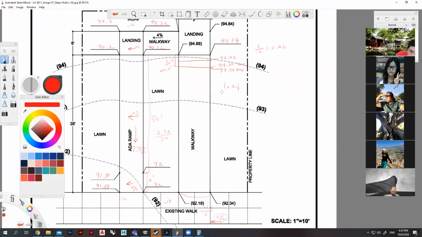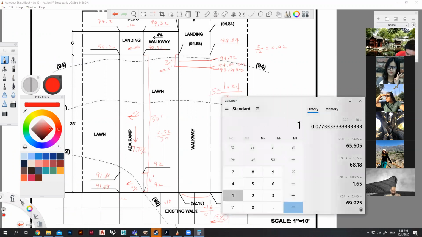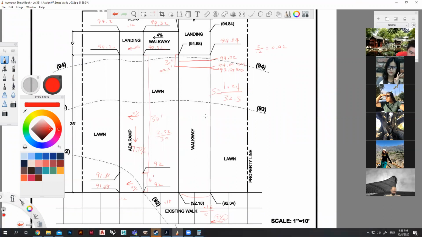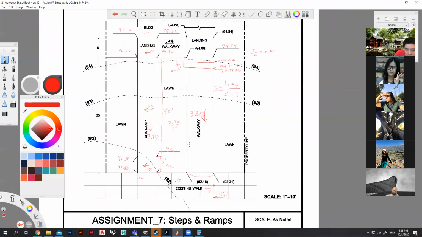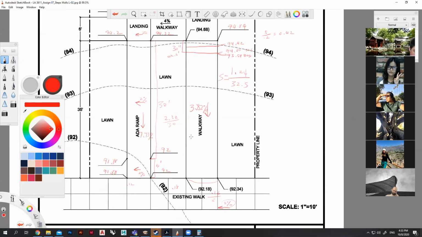So our length is 32.5, and you do the calculation to find slope. 1.24 over 32.5 gives us about 3.8%. 3.82 to be accurate. So that's our slope there.